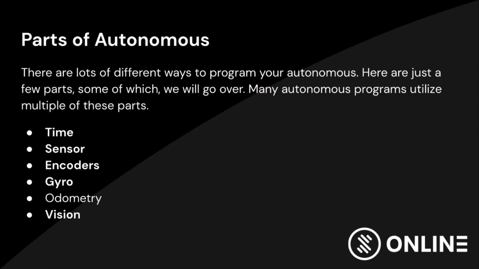So all of these parts in the bold, so the time, sensor, encoders, gyro, and vision are the ones we're going to cover. We're not going to cover odometry because of how complex it is, and it requires a lot of hardware focus, and we don't have access to that.